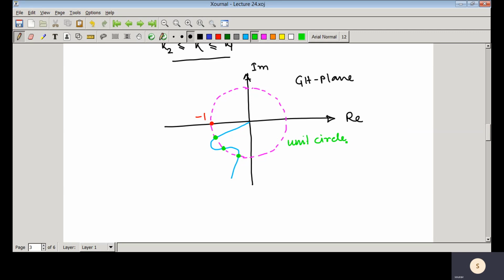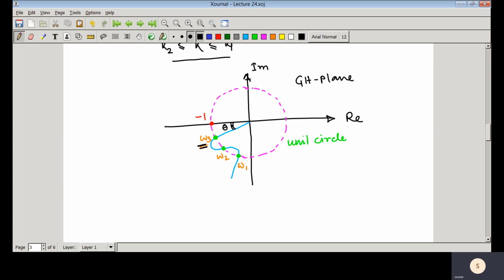At those points the frequencies are, suppose, omega 1, omega 2 and omega 3. So there are 3 frequencies where the magnitude is equal to 1, which means you have multiple gain crossover frequencies. In this particular case, we need to consider only omega 3, which is closer to the critical point, and we take this theta as the phase margin.